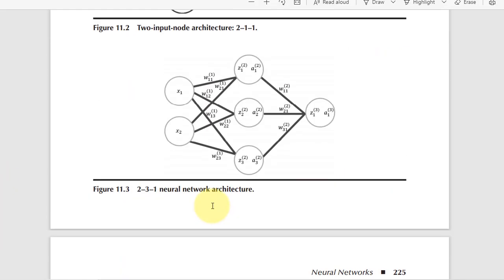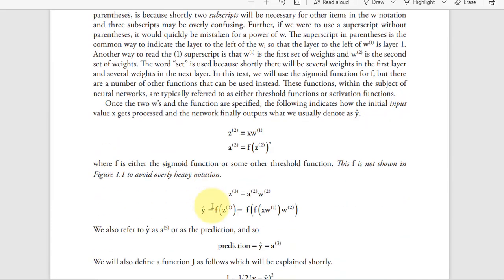Here in the first example, we say that we're going to put z2 into some function f, where f is either the sigmoid function, which we talked about earlier, or some other function, which in any case we might call a threshold function, or sometimes an activation function. So either way, we're going to put it into some function. Let's say that we're going to put it into the sigmoid function. It doesn't have to be a sigmoid function. There are several other functions we might put it into.